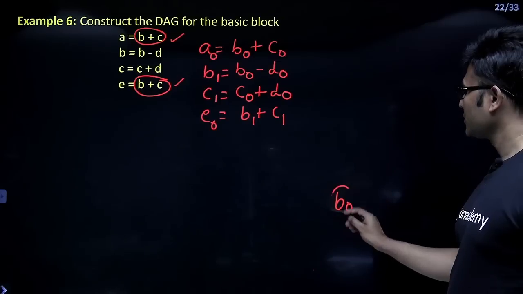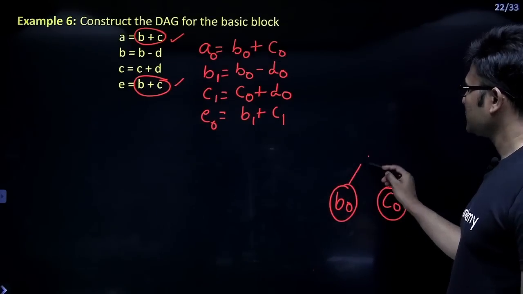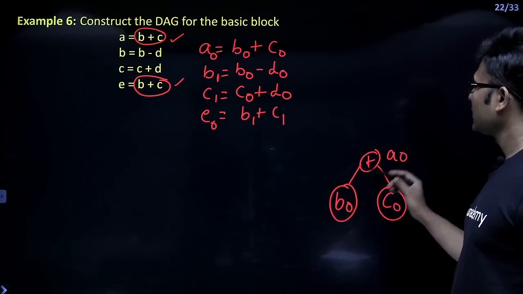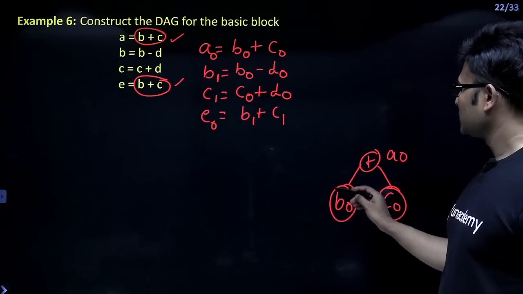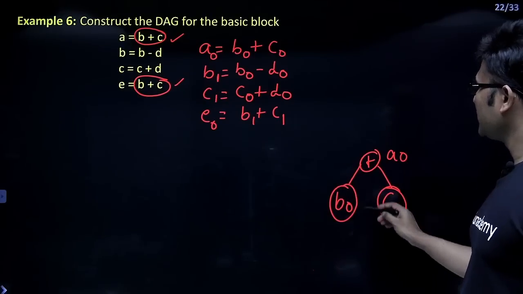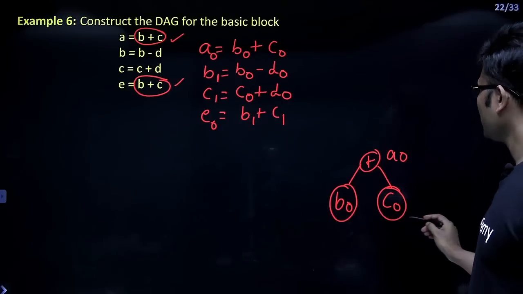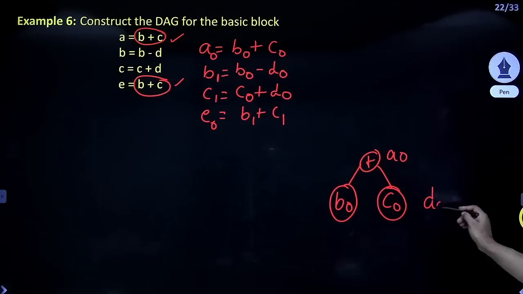So B naught, C naught, and now it is plus, and this is A naught, right? And the next one is B naught minus D naught. So let me take D naught here.